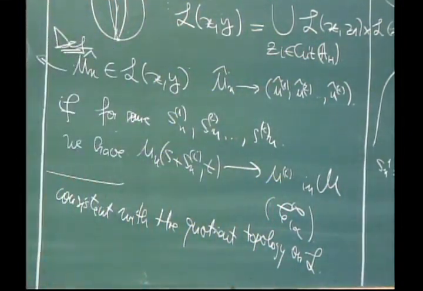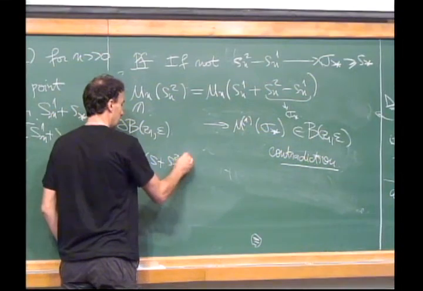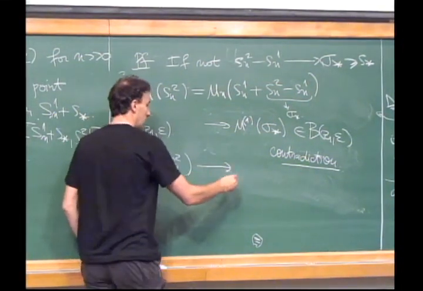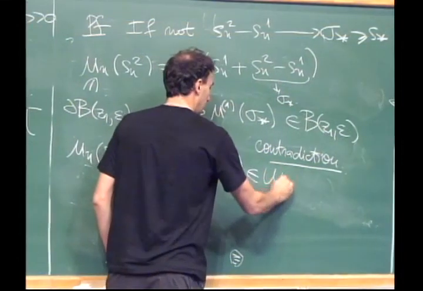Okay. Now, what we take then, of course, is Un(S + Sn2), and this goes to a U2 in M.